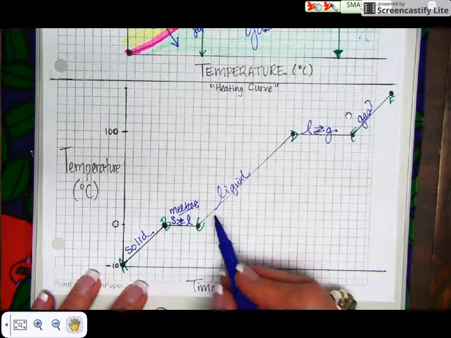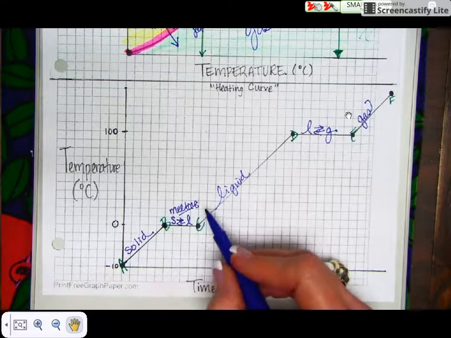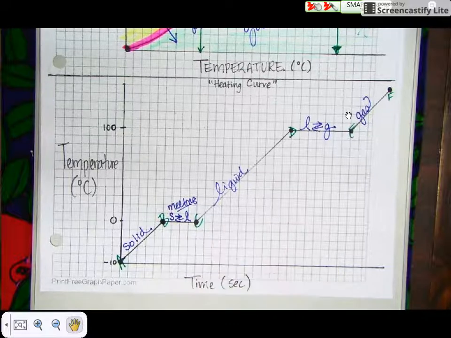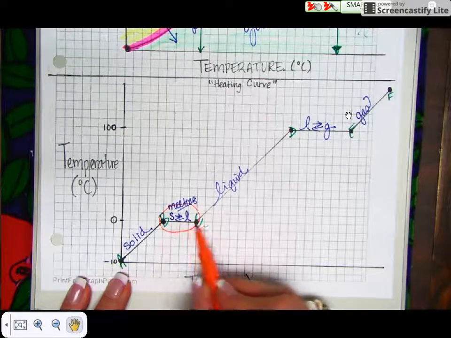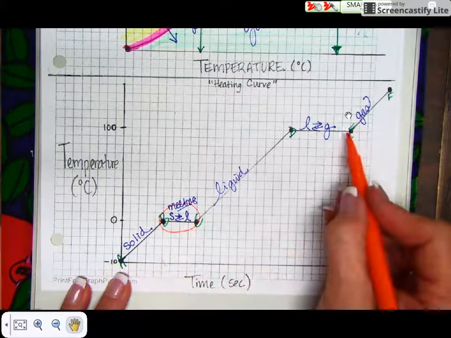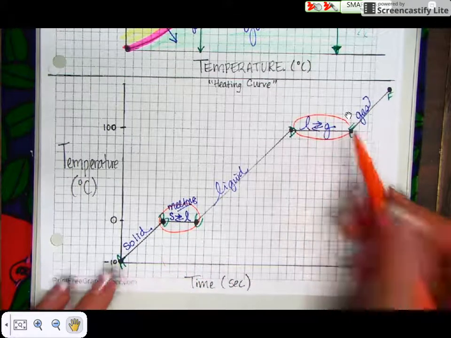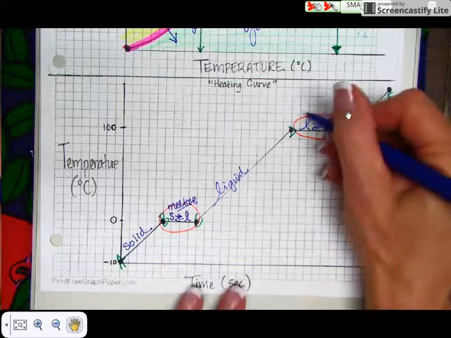We also talked about the fact that the plateau that you see here, the melting plateau, is going to always be a shorter plateau, a shorter time span than the plateau that you see up here where the boiling liquid is occurring.